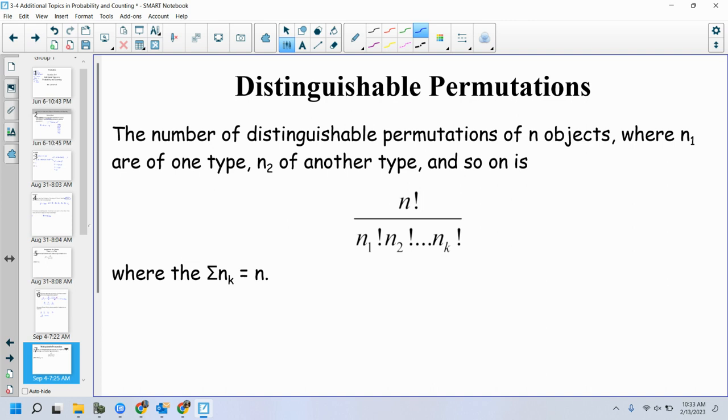And in the numerator, I just have n factorial, where n is my total amount. So if I've got 50 kids that I'm picking from, 50 factorial goes in the numerator. And then in the denominator, if I wanted to pick 3 freshmen, 2 juniors, 5 seniors, then that would be 3 factorial, and so on, whatever numbers I chose there.